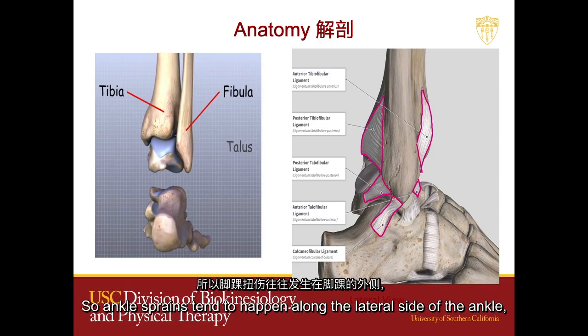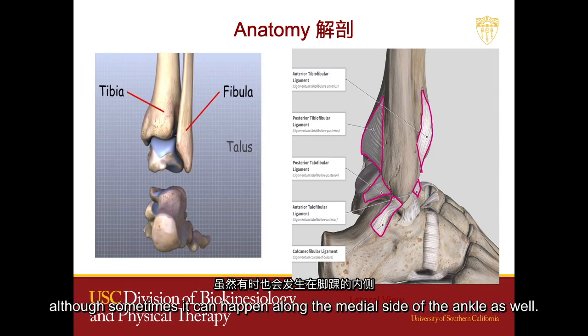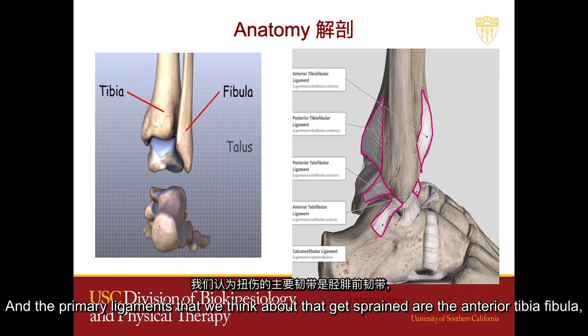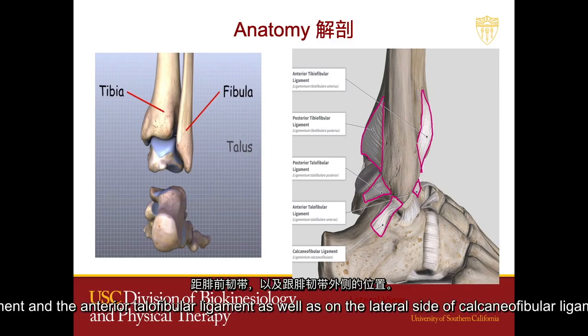So ankle sprains tend to happen along the lateral side of the ankle, although sometimes it can happen along the medial side of the ankle as well. And the primary ligaments that we think about that get sprained are the anterior tibiofibular ligament and the anterior talofibular ligament, as well as on the lateral side, the calcaneofibular ligament.